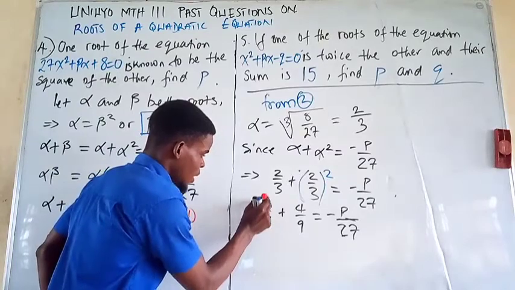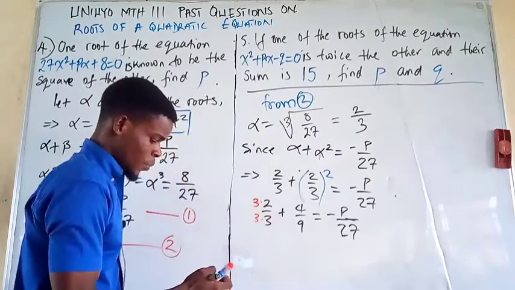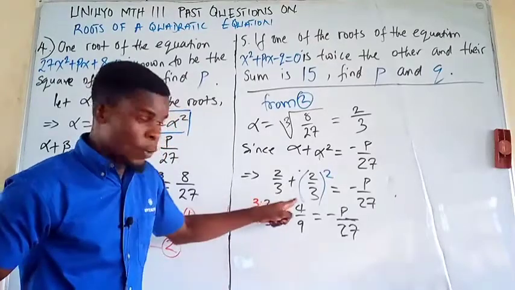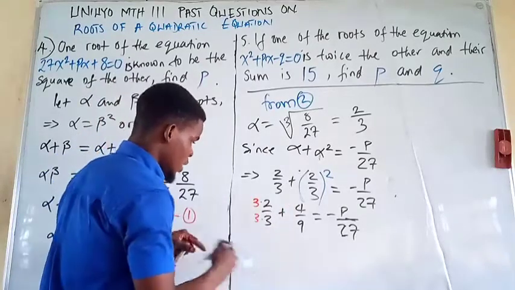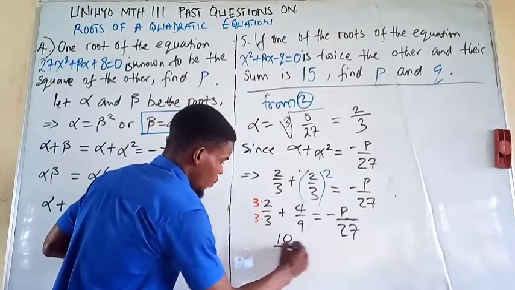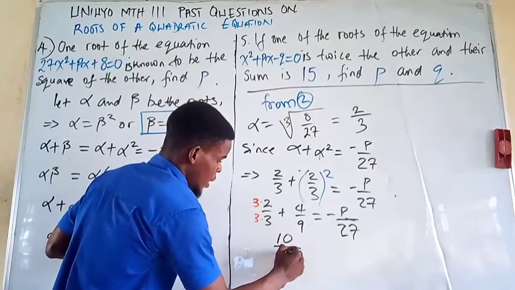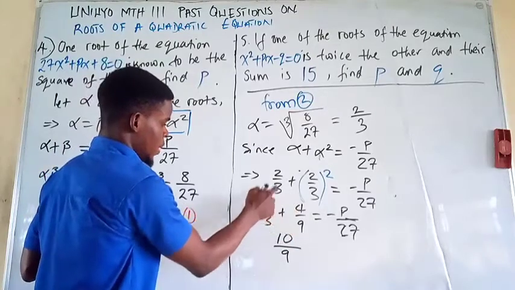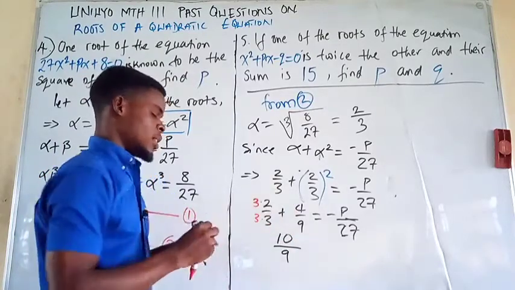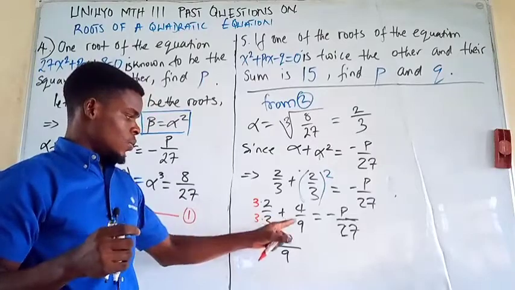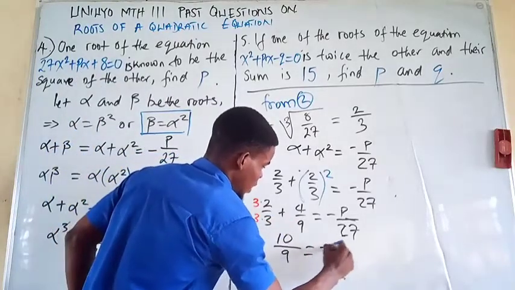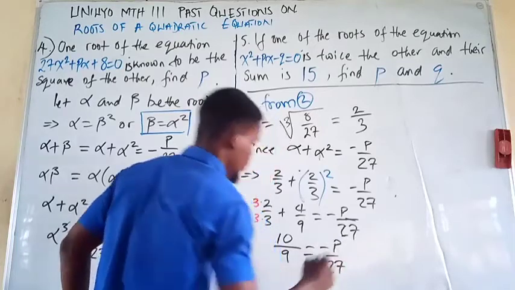So I'm going to have 6 over 9. 6 plus 4 is 10, so I'm going to have 10 over 9. This is 18 plus 12, that is 30 over 27. Sorry for that. So this is just equal to negative p over 27.